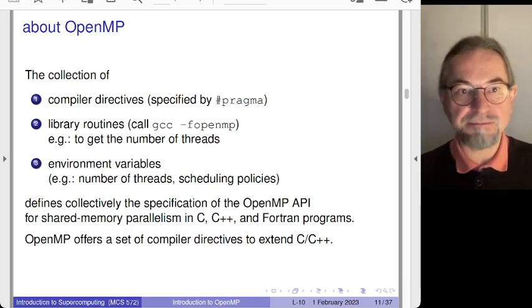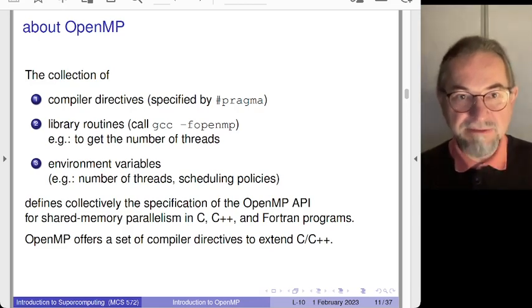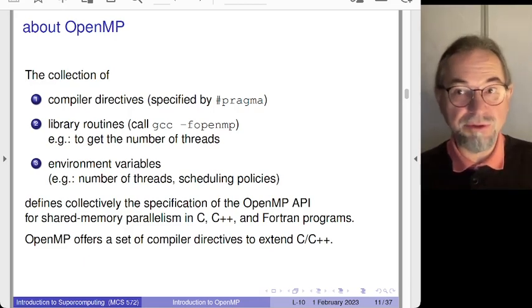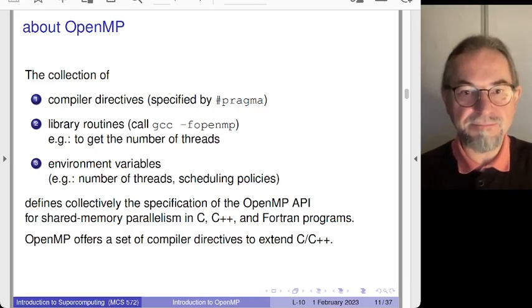So we can define parallel loops with this. There are 3 things: the compiler directives, the library routines, so when you apply the directives, you have to compile with a separate flag, and then there are environment variables. A bit similar to how we launched the Julia interpreter specifying the number of threads, we can do this also with OpenMP.